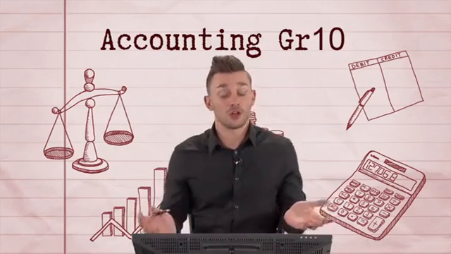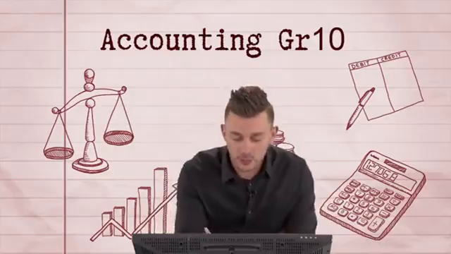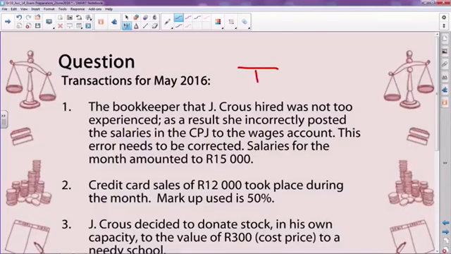Okay guys, let's look at your answers. Firstly, I want to explain it. So what happened here? This bookkeeper went to wages and she increased wages. So this is where the mistake lies. It's not wages. So what should happen to your wages? We should decrease wages and take it where? We should go to an account called salaries. And this was in actual fact a salary.